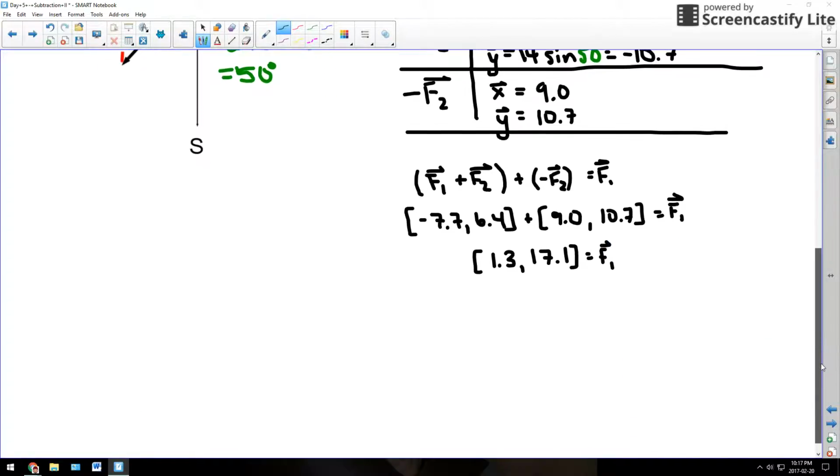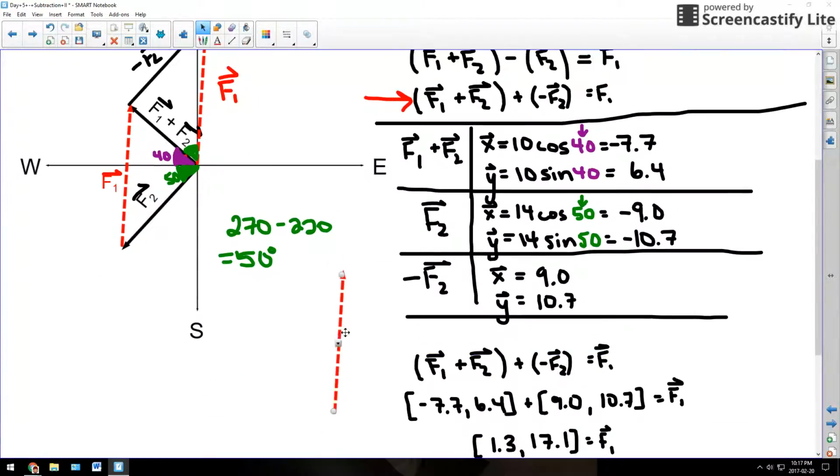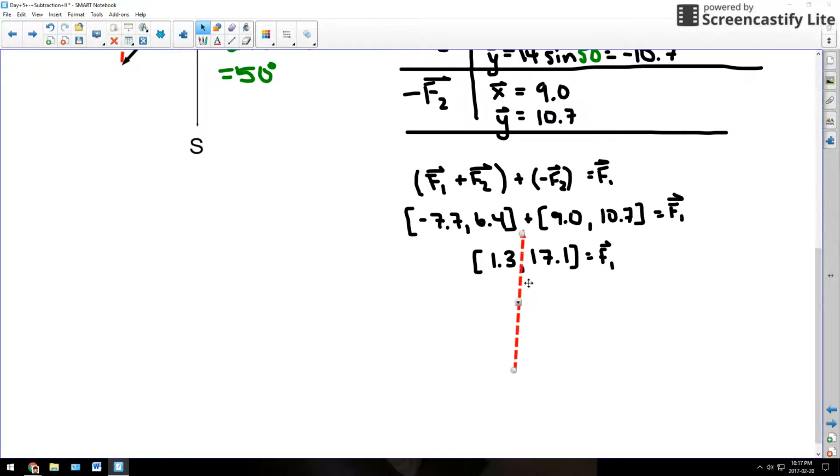Cool. So again, what does that mean? What does this actually tell us about f1? So our f1 vector, if we look back up at our diagram, is this red vector. If I just duplicate it to bring it down, this vector component statement tells us some useful information. And it lines up with how we've drawn this, right?